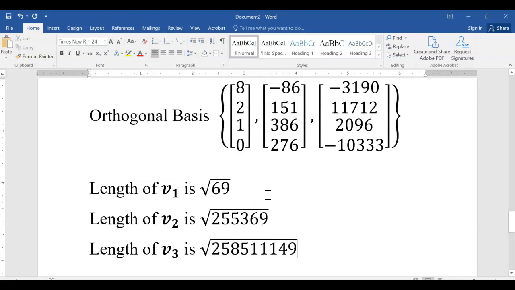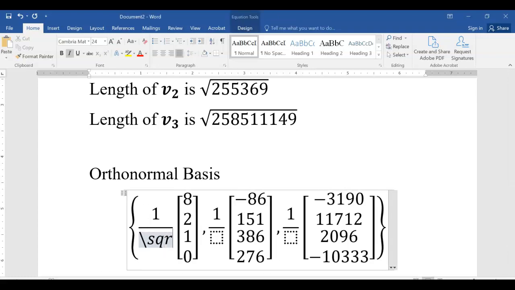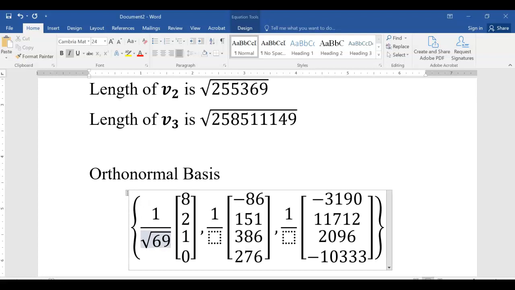Now, no matter how ugly these numbers are, the orthogonal basis can be converted into an orthonormal basis by just taking 1 over the length times each vector. So 1 over the square root of 69 times vector 1.